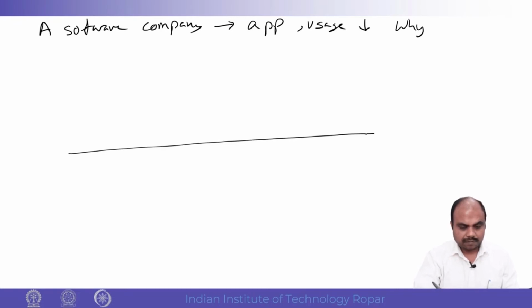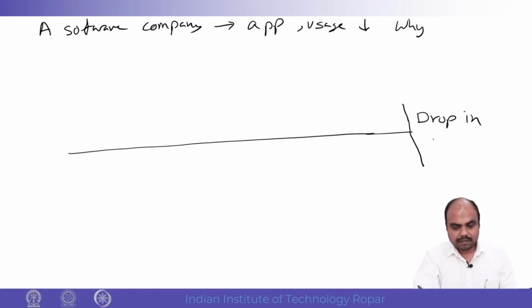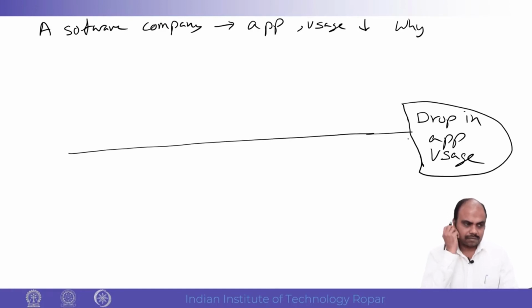First make the middle one, and then here we write drop in app usage. And then we are going to make something like this. So these experts and analysts within the company try to find out what exactly the root cause of this problem is, and they have segregated it.